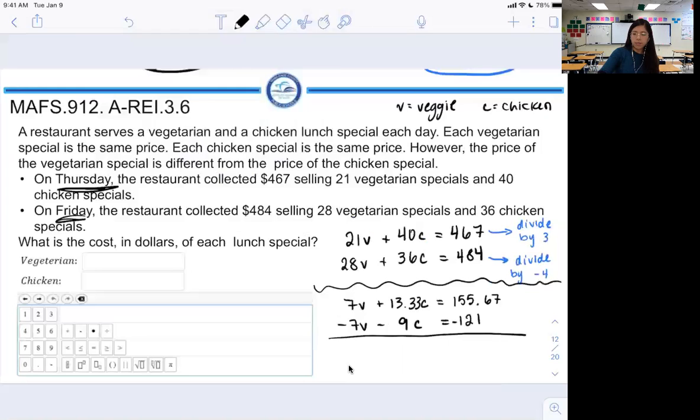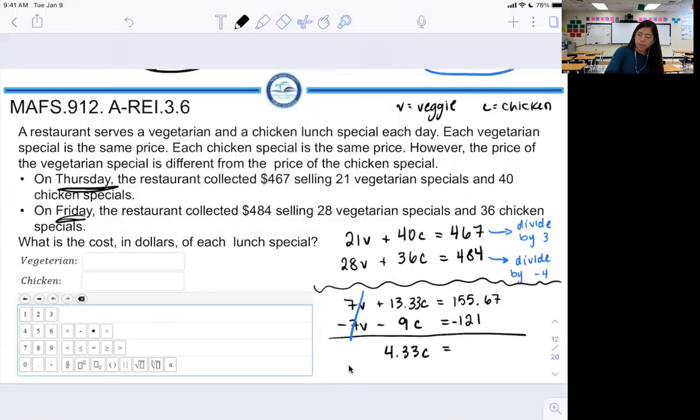So here we go. The 7 v's cancel, and I'm going to add. 13.33 minus 9 is 4.33.